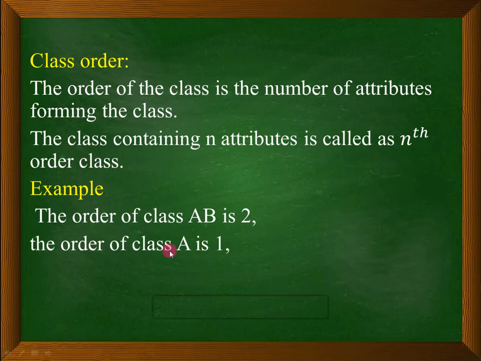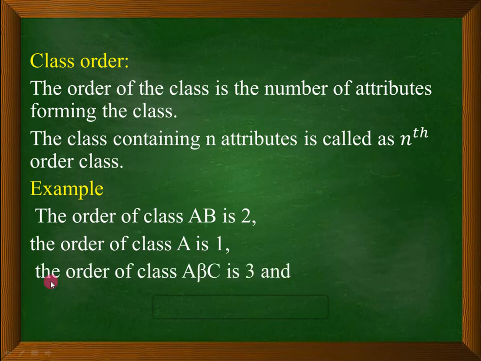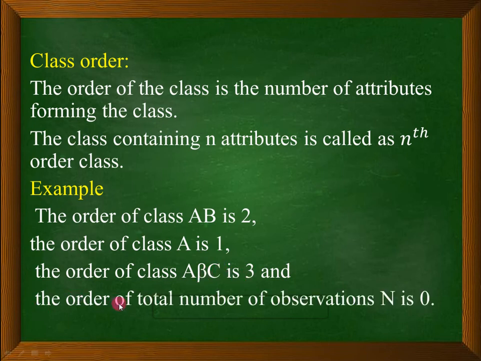The order of class A is 1 because this class is formed by single attribute A. The order of class A beta C is 3. Here, 3 attributes are used to form the class. Therefore, its order is 3. Similarly, the order of total number of observations n is 0.